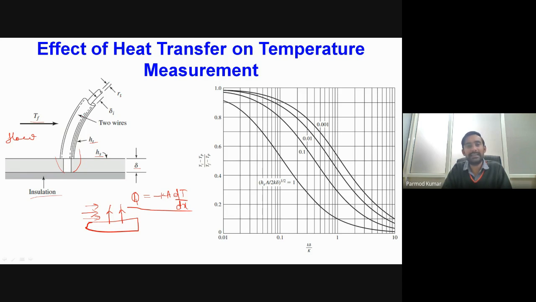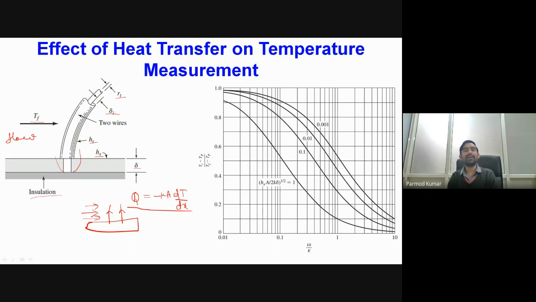Let RT represent the equivalent radius of the thermocouple wires, and delta I represents the thickness of the insulation. From this figure you can see there is a thin core wire inside and certain insulation outside.